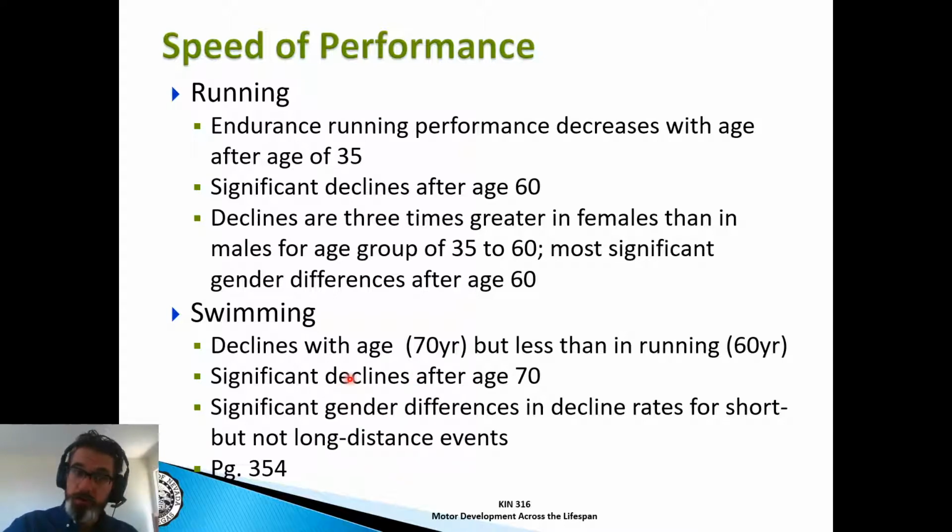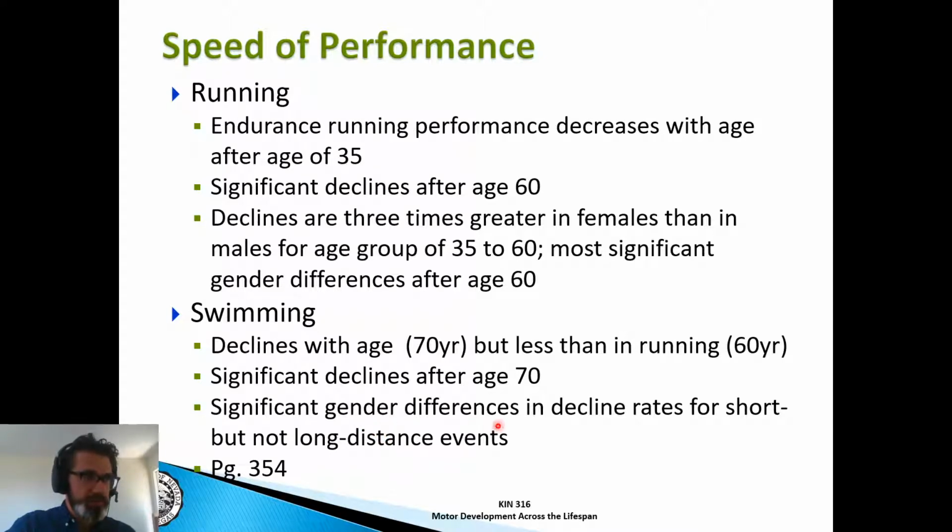Unless you are on an anti-gravity treadmill, but good luck with that. They're kind of pricey. And significant declines after age 70. So swimming is an activity that can continue to be participated in at a pretty rigorous level in older adults to a later age than that of running. Or at least that's what we can indicate from this slide.